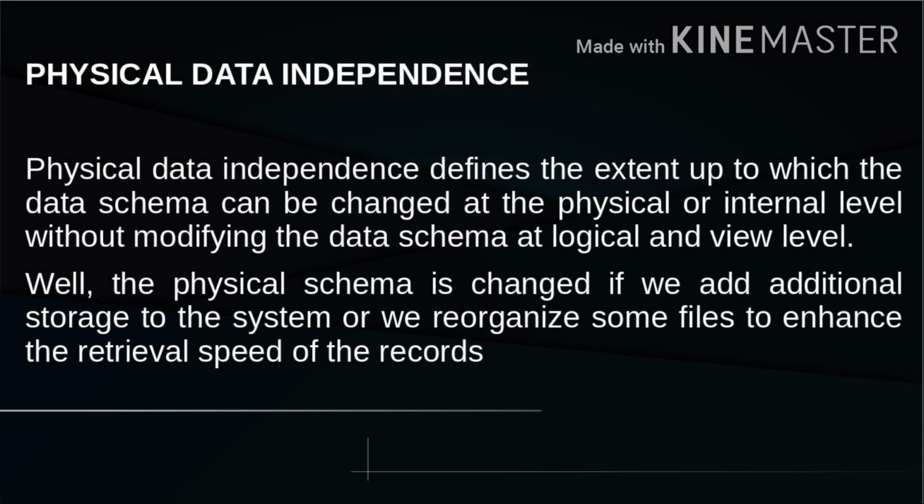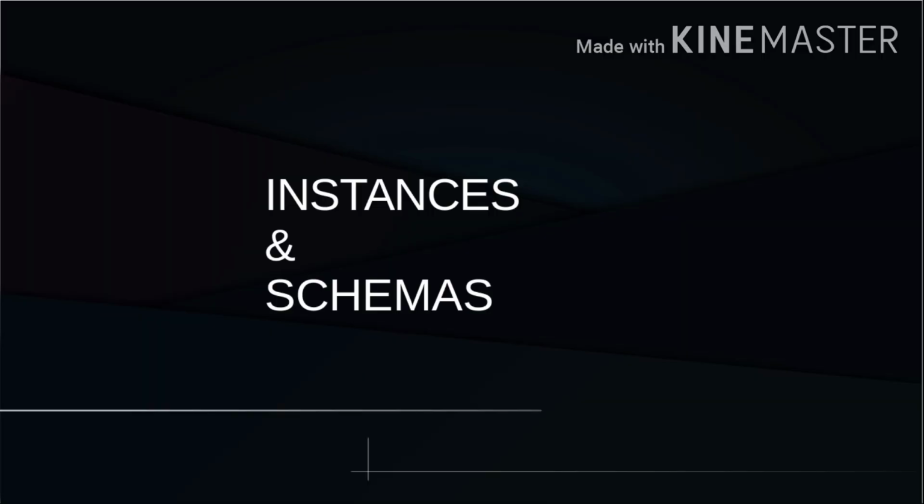Physical data independence defines the extent to which the schema at the physical or internal level can be changed without changing the view or the conceptual level. The physical schema is modified if we add additional storage to the system or if we reorganize some of the files to enhance the retrieval speed of the records.